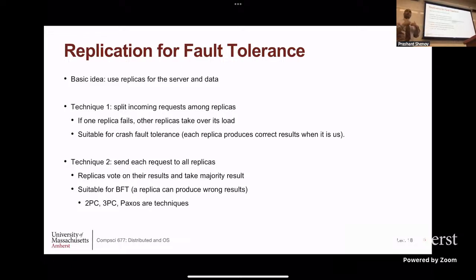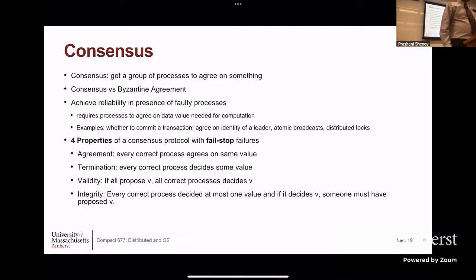Here you send it to all, you get back the results, you take a majority result, or you have them vote on all of them. And that's what we did for 3PC and 2PC. But now we'll look at how you deal with just a majority, not all of them. So that's the other approach we are going to look at, which brings us to this topic of consensus. What is consensus?